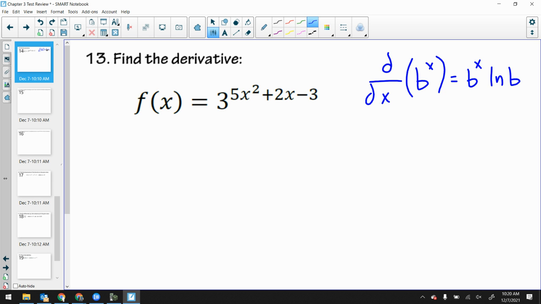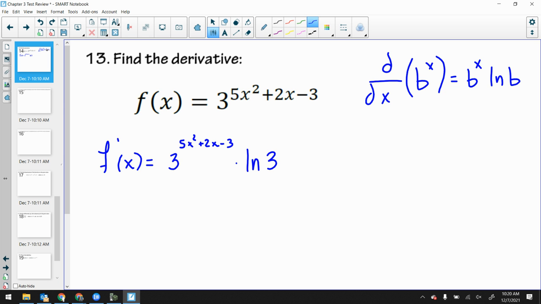But you not only have to use that rule, you have to chain it with the derivative of the exponent, right? So f prime of x is b to the x ln b. Notice that the b value is 3 in this case. So it's 3 to the 5x squared plus 2x minus 3, the original exponent, times ln of 3.